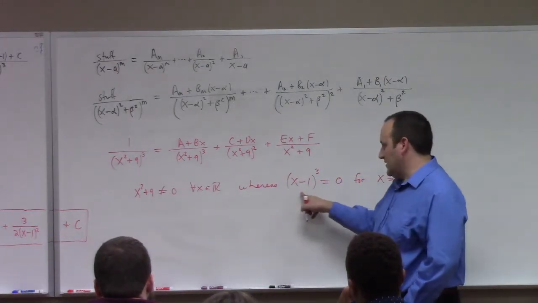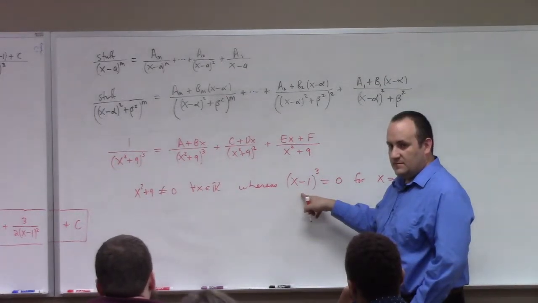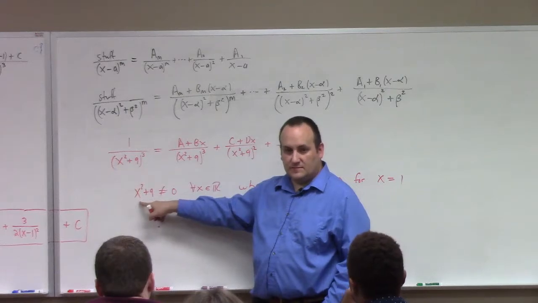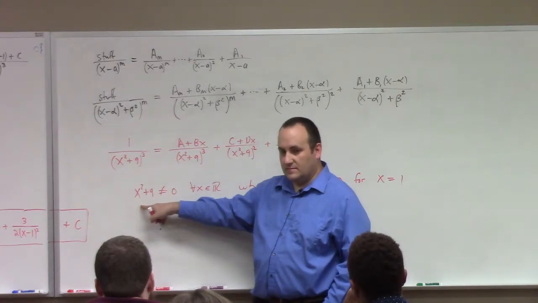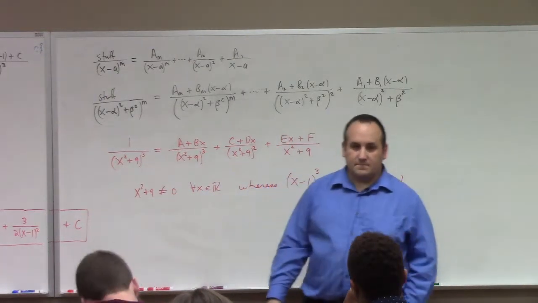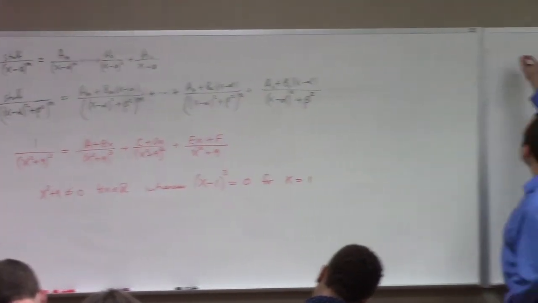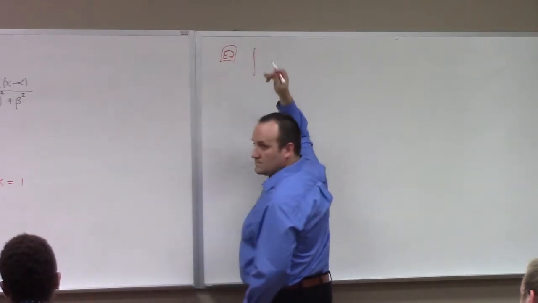I mean, x minus 1 is a linear factor. This is a quadratic factor, which cannot be reduced. These are algebraically different things. So that's basically how we tell if it's a plus bx or just a by itself.